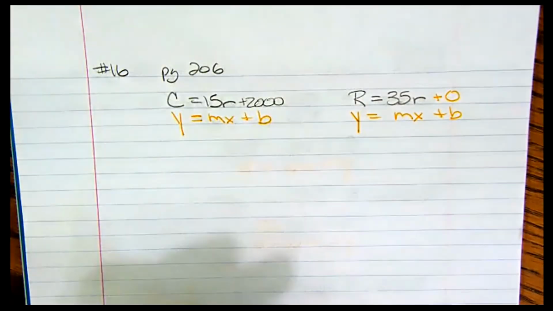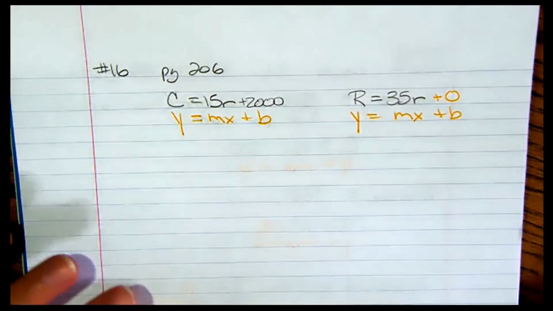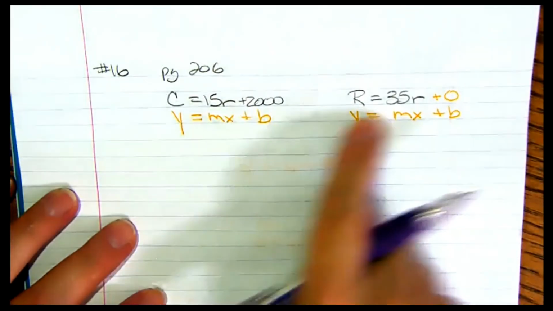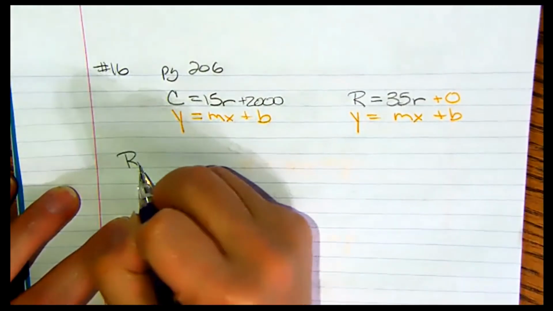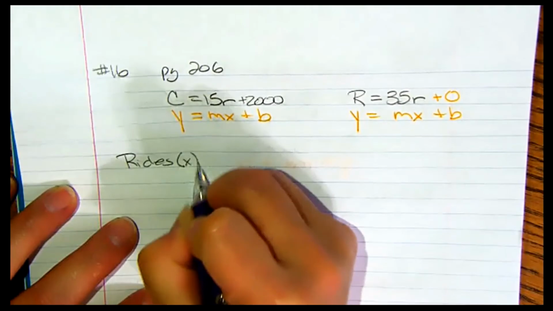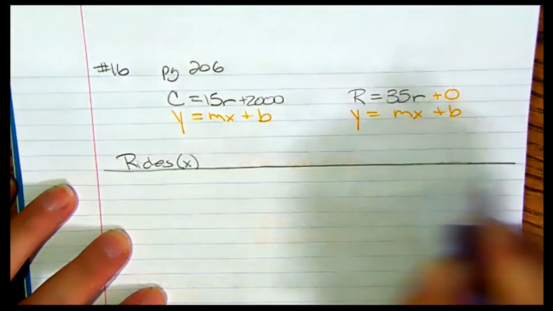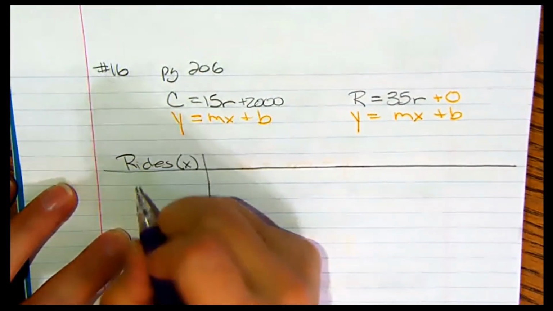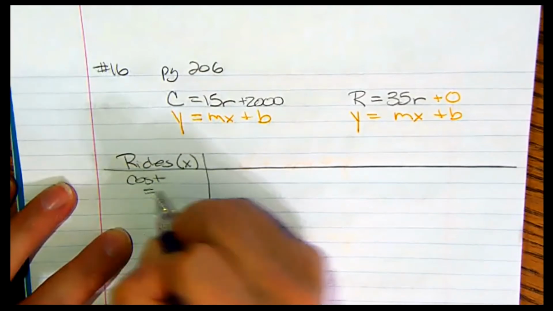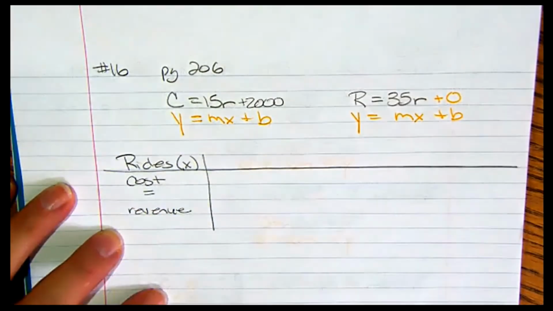So instead of solving this system of equations by a graph, we can set up a table. So my X is rides. Rides is my X. And we want to know how many rides it's going to take before my cost is equal to my revenue, before I break even.